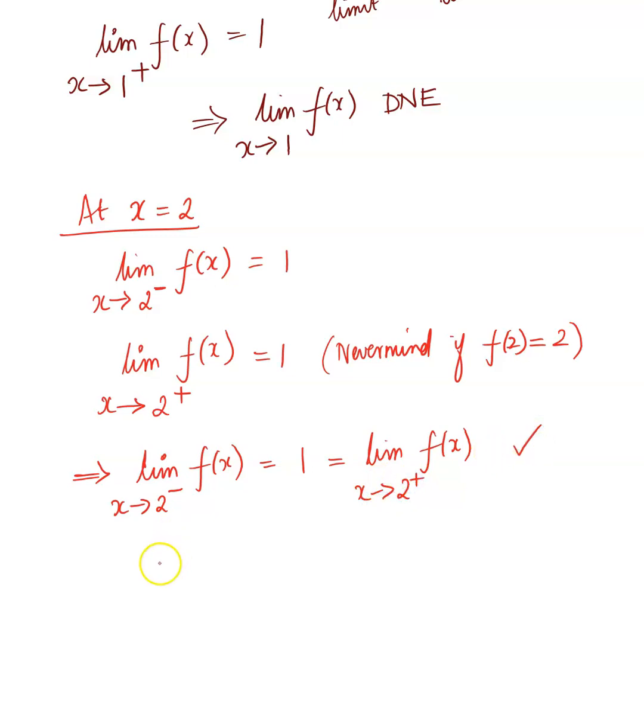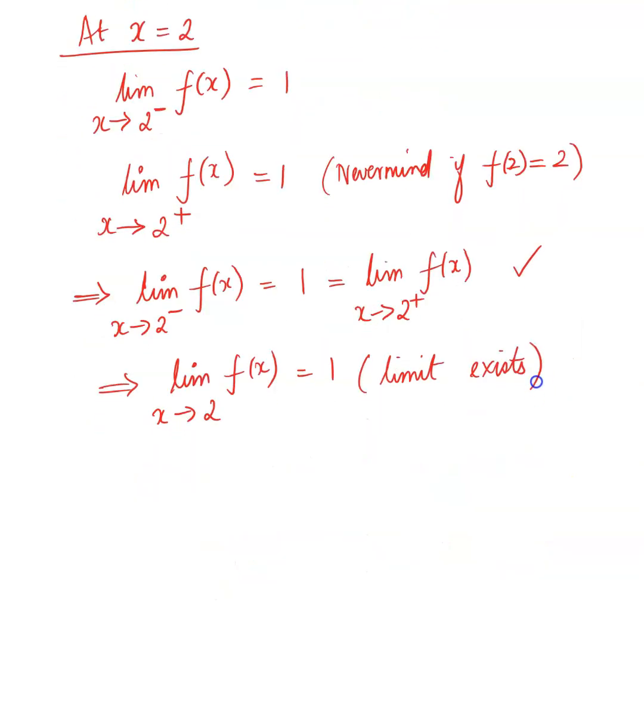Because these two match, this implies that we do have a limit as x approaches 2, which is equal to 1. So the limit exists. I just say limit exists if you were to write it in words. Took a while to write that.